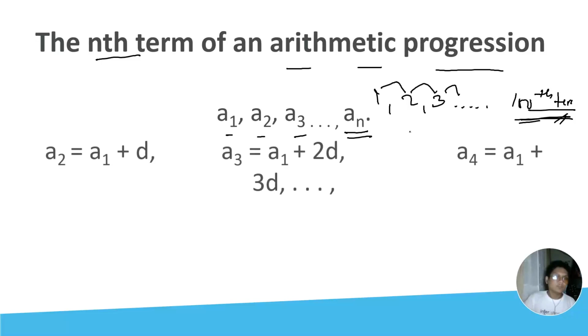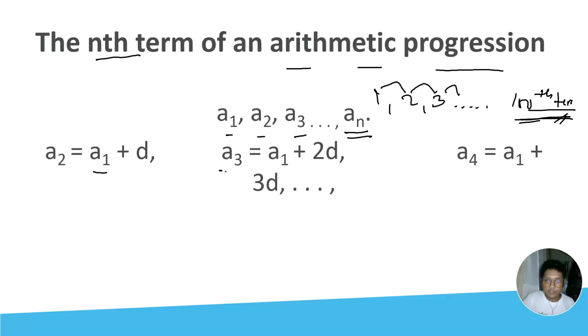Pero pwede naman. So, since ang pattern nga ng arithmetic progression is just simply adding the common difference of that number to the previous o yung preceding number. So, parang may pattern na mabubuo tayo. Kunyari, for the second term, i-add yung common difference dun sa first term.